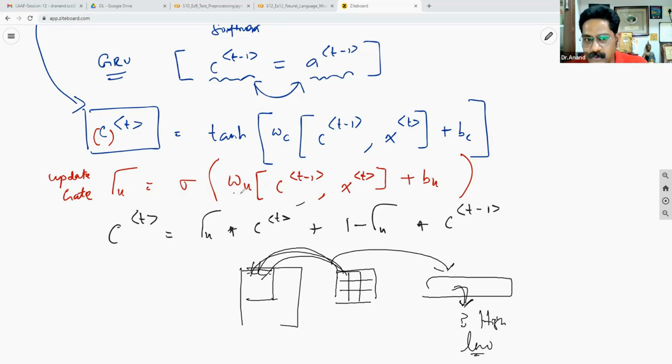The first row of this weight matrix is combined with the column representation of X: this value multiplied by this value, and so on, and you take the sum. I'm giving another analogy so you can easily relate this to two-dimensional perception.